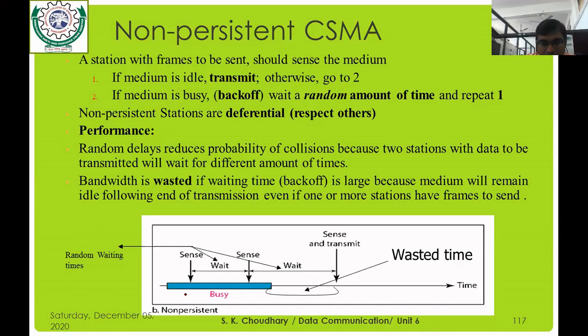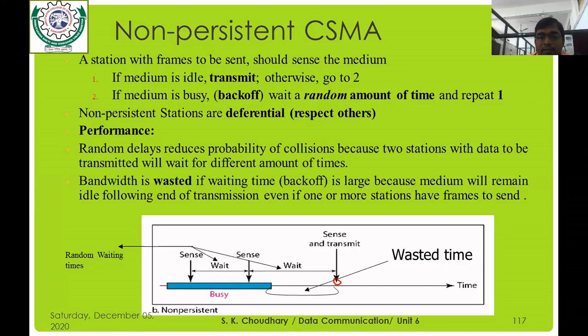You can see here, if the channel is busy, it waits, then senses the channel again, and when it finds it idle, it starts to transmit at this particular point.